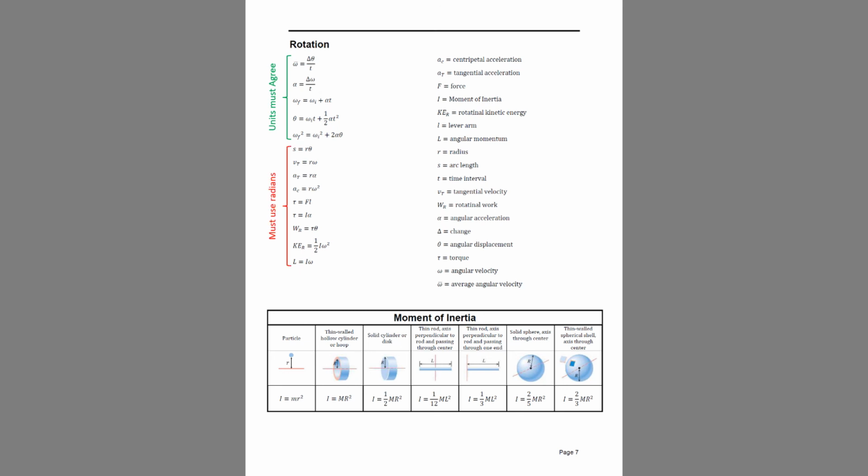And then for all of these formulas here, it has to be in radians when you plug in an angle, or radians per second, or radians per second squared for the angular acceleration, and so on. It has to be in radians. You cannot plug in revolutions or degrees like that.